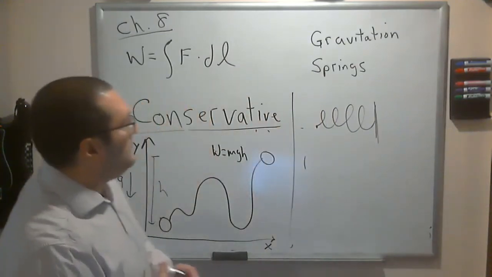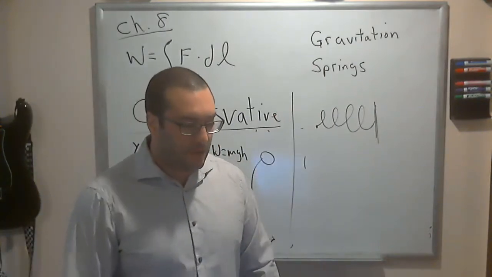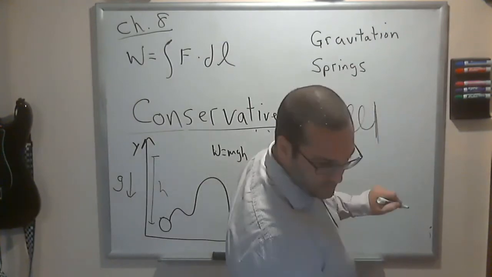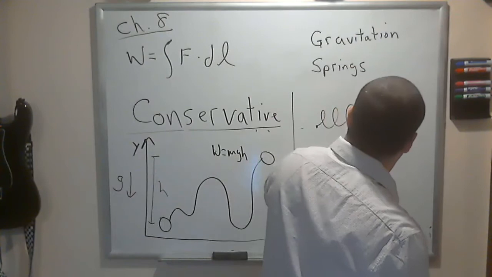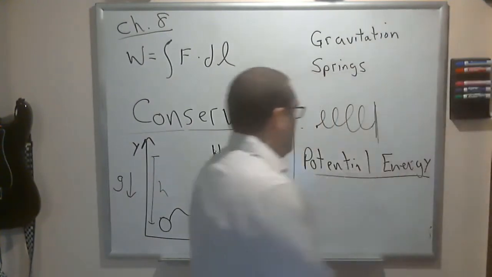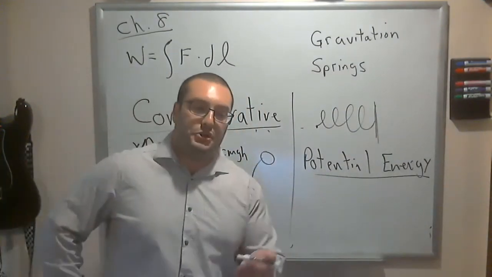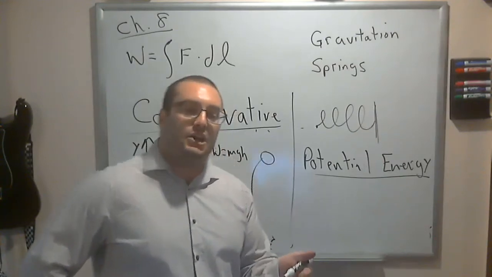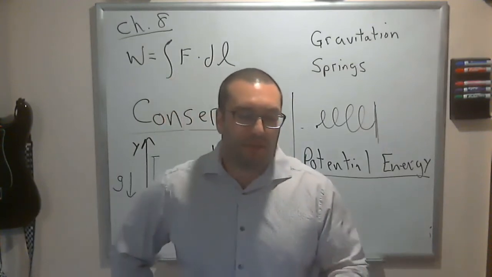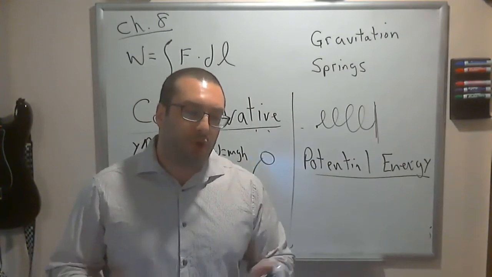Now, with these systems, we introduce a new terminology. This is called potential energy. I introduced kinetic energy last time. Kinetic energy was the amount of work that a moving object can do on something because it's moving.